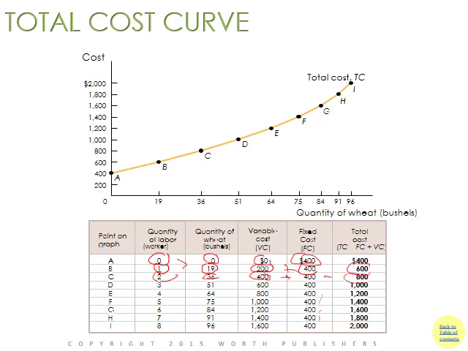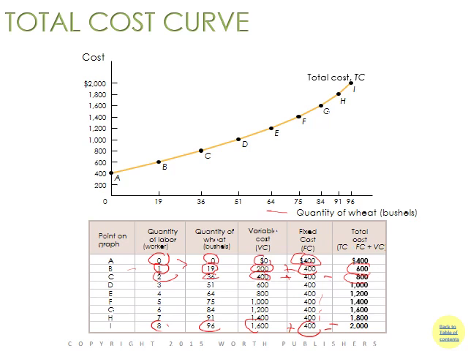And in this diagram, we can go through, and if we hire the 8th worker, output goes to 96. 8 times $200 gives us $1,600 in variable costs plus $400 in fixed costs, which is equal to $2,000 in total cost. In this diagram, we're plotting output on the horizontal axis, the amount of wheat we're producing, and total cost on the vertical axis.